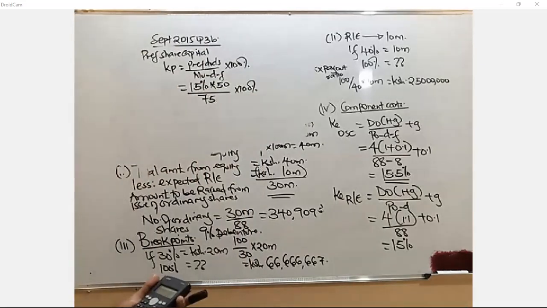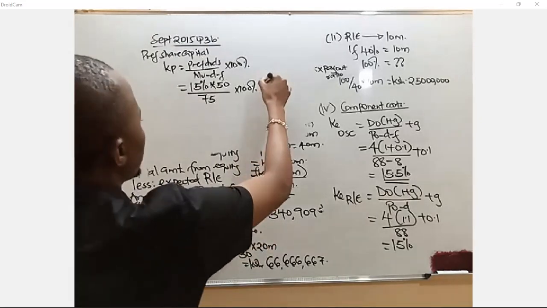So 0.15 times 50 divided by 75. We are going to be getting how much? Someone can tell me, it is 10%. This one is 10%.